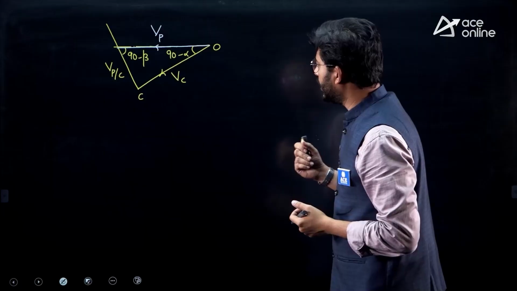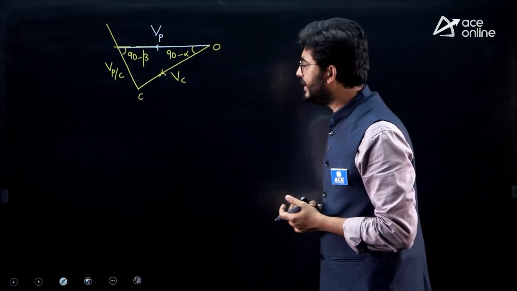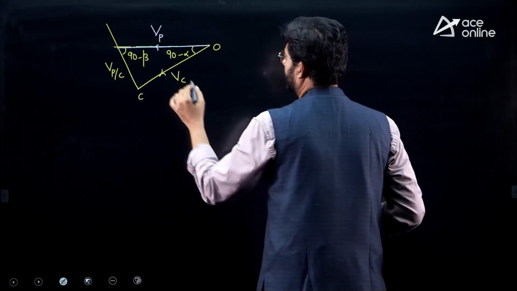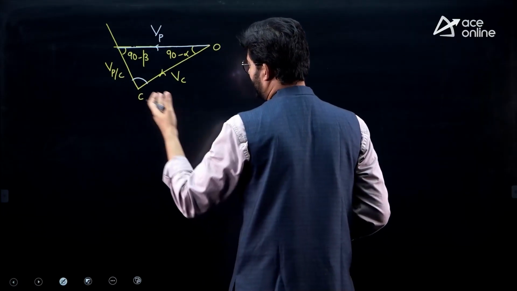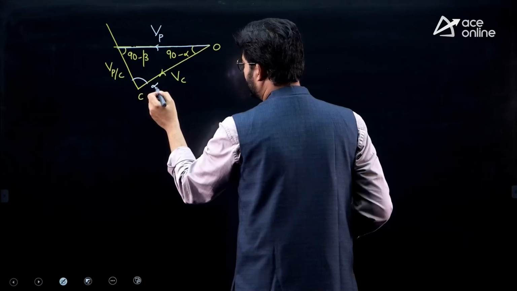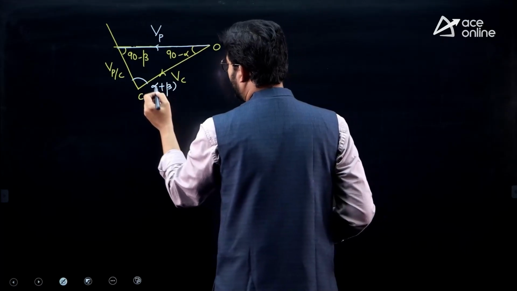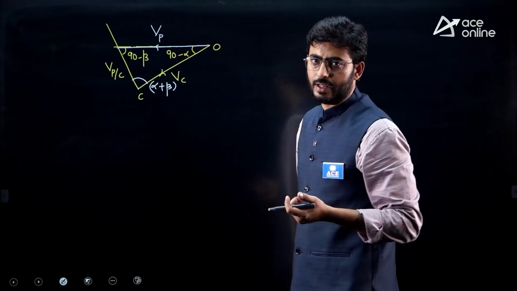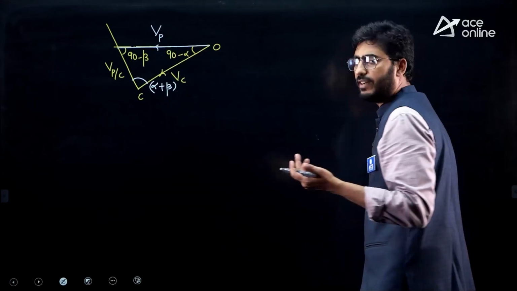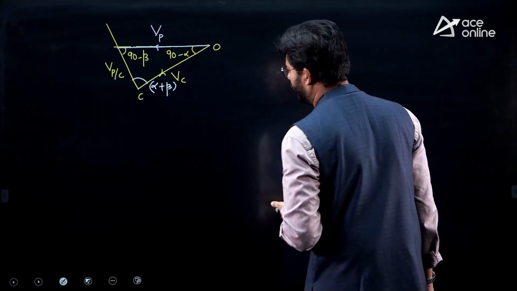Now dear students, what we can do is simply apply Lami's theorem, and for that I need to calculate this angle. The angle would be 180 degrees minus the remaining angles, so 180 minus (90 minus beta) minus (90 plus alpha). The 180 gets cancelled, and we get the end result as alpha plus beta.